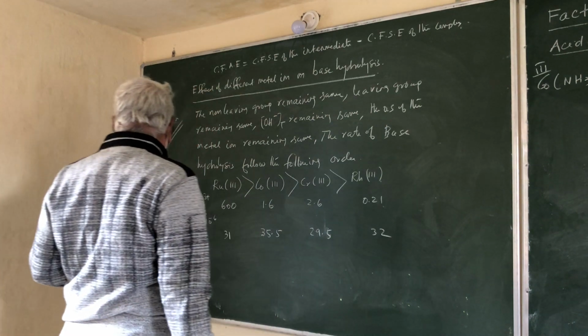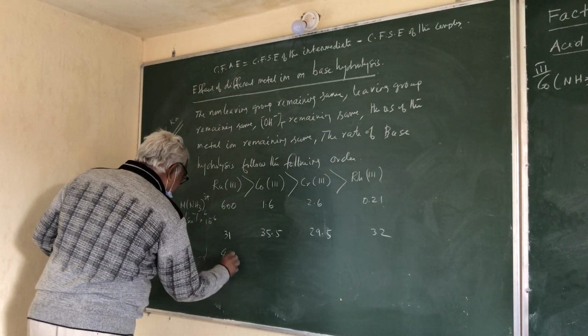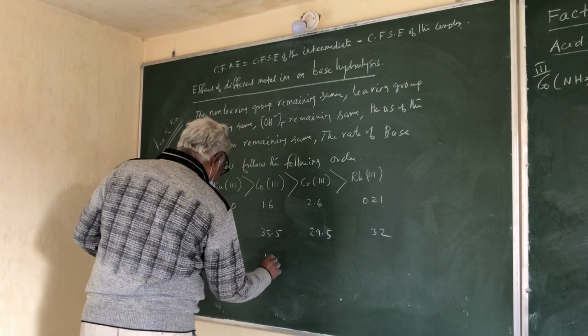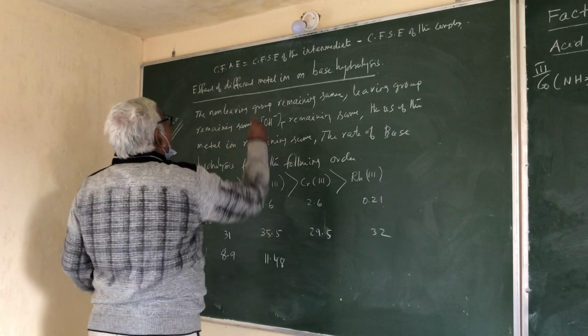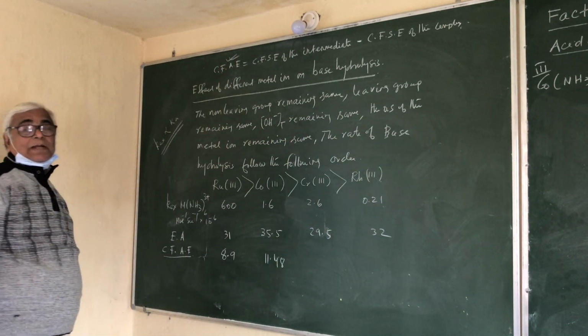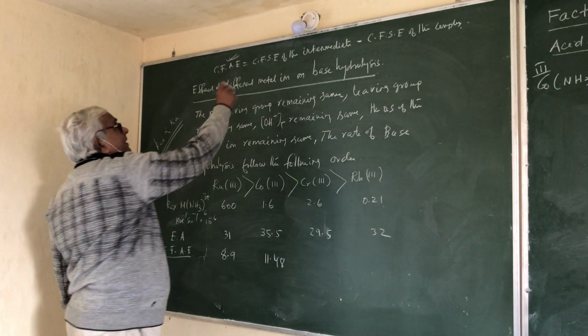The values are 8.9 and 11.48. Where the crystal field activation energy is higher, the rate of the reaction will be higher, because the intermediate is more stabilized.